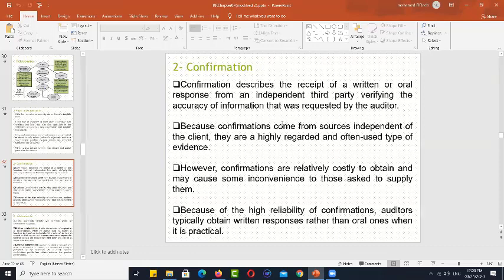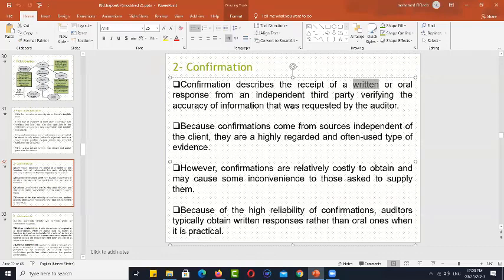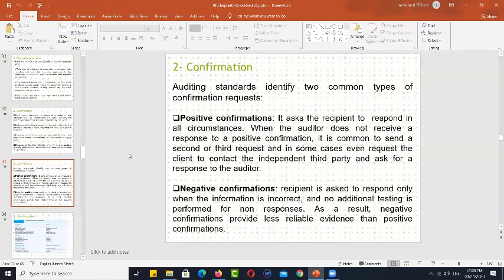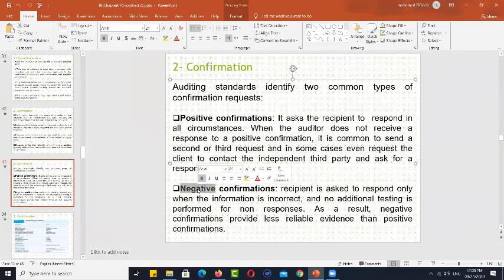Both written and oral are acceptable, but we prefer the written one because it is documented. And we have two types of confirmation, positive and negative.